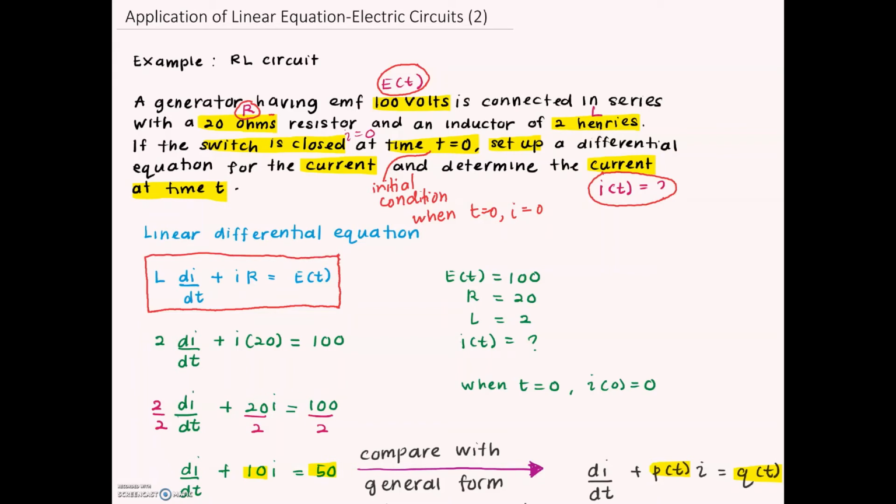L is 2, then di/dt, and I we just leave as I because we want to find the formula of I, your resistor is 20 ohms, and your energy is 100 volts. This is the information that we have from the question.